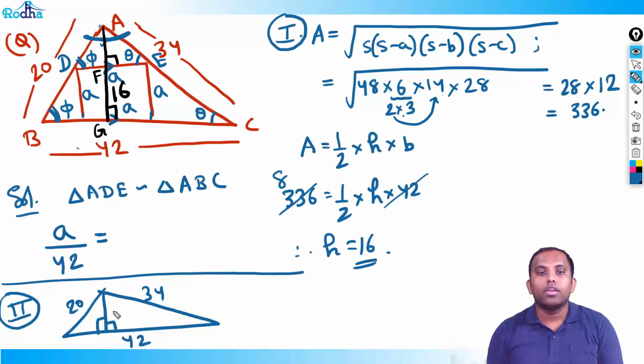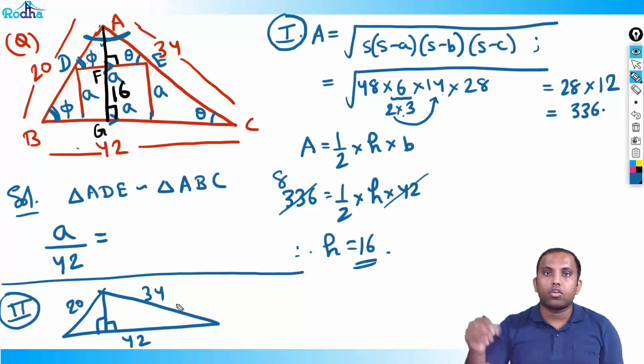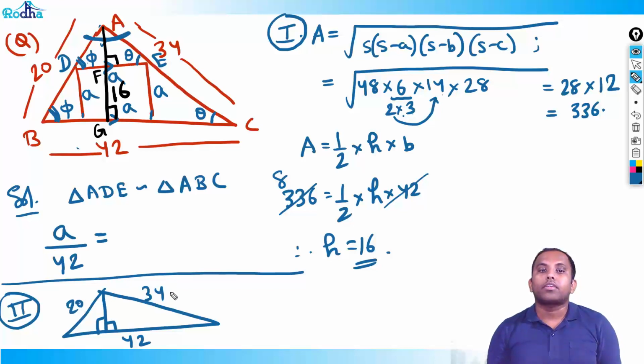Now you just get a triplet with hypotenuse 34. Just cross-check all the triplets, because 34 can be in any triplet or can be derived as a multiple of any triplet. As soon as I say 34, it strikes that it is a double of 17, and double of 17 means the triplet is 8, 15, 17.